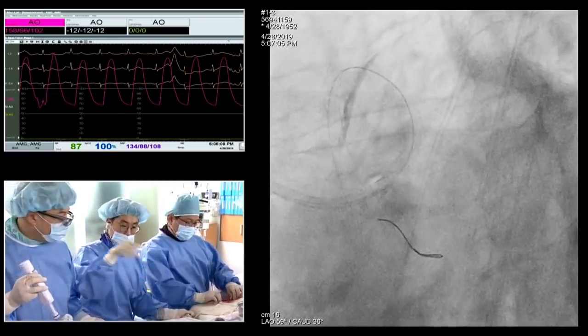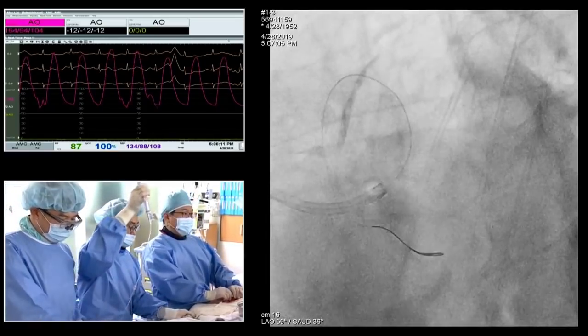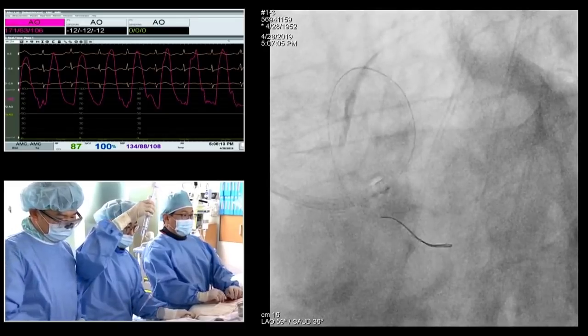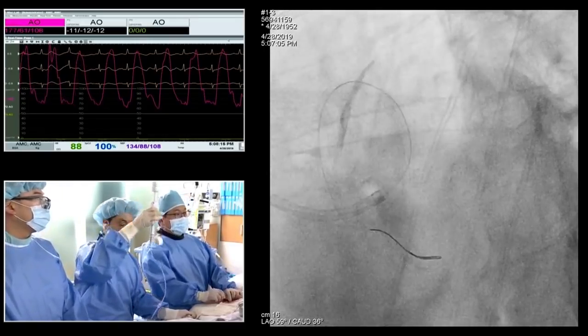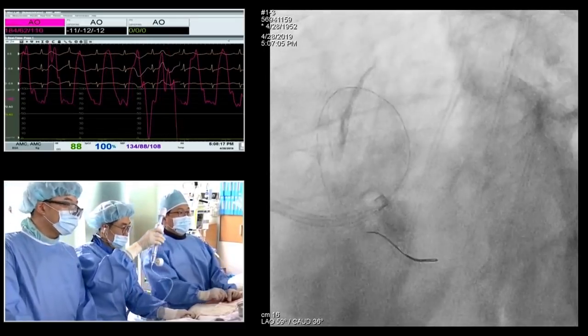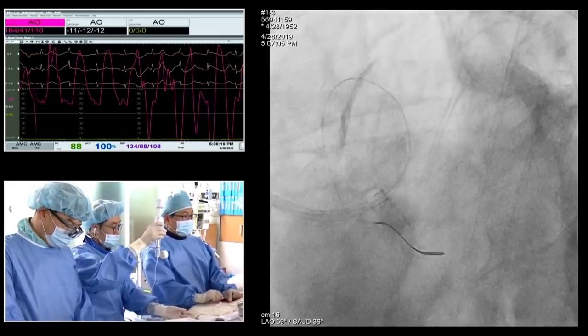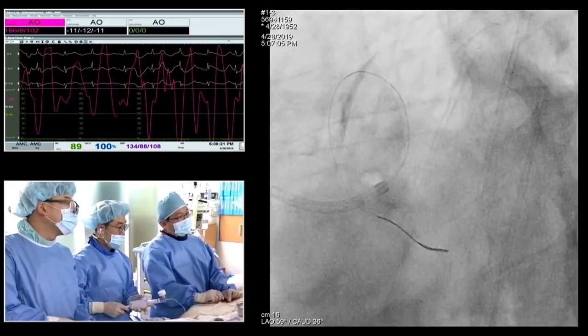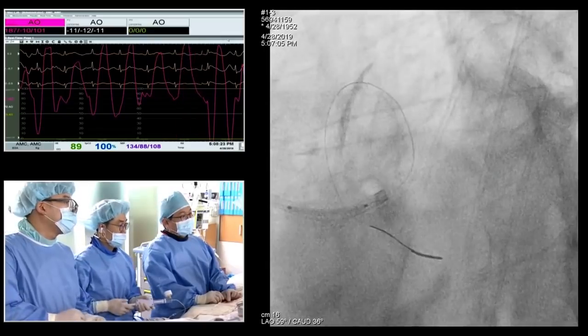Dr. An, could you take angiography before stenting LAD? Yes, I will. Ready? Test. Okay.